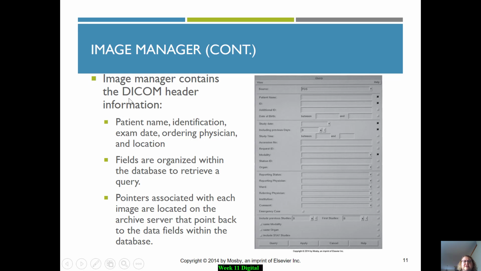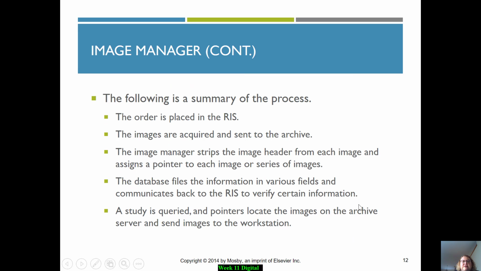This is just a reminder that your information has to include your patient name, identification, exam date, ordering physician, and location. Those are all requirements for your medical record and your X-ray image. Those fields are going to be organized, so we can't move these around. There's a set way that they're put in, and we're going to enter that documentation that's required.